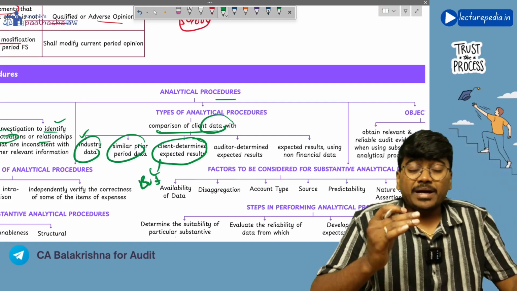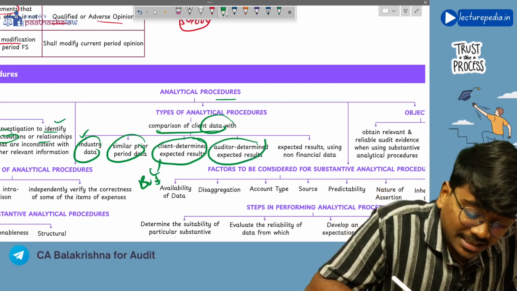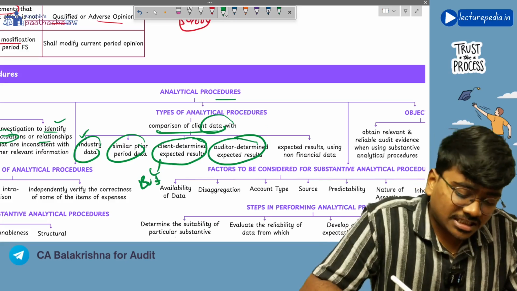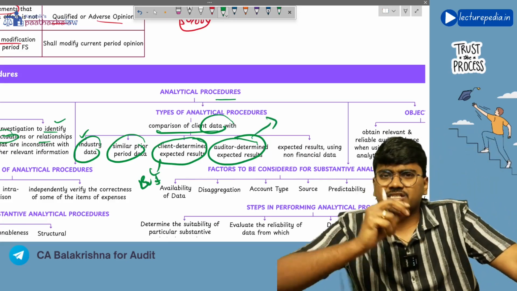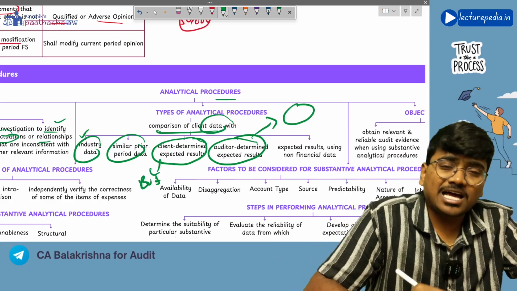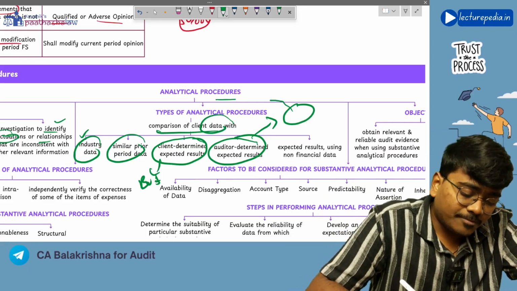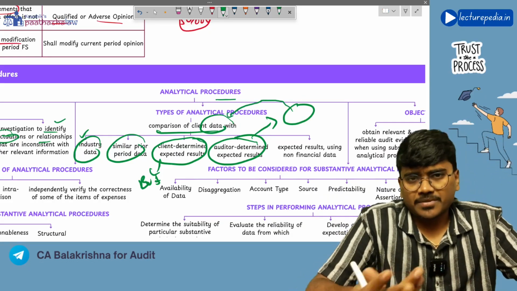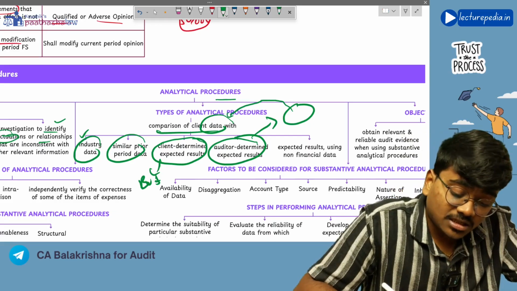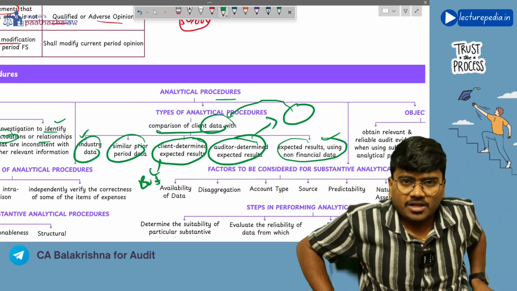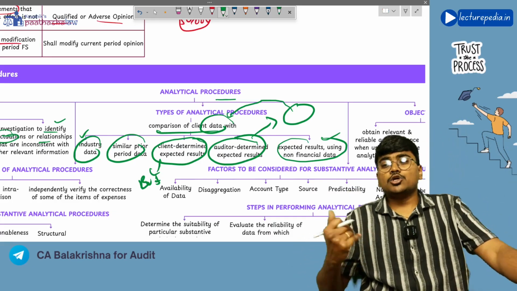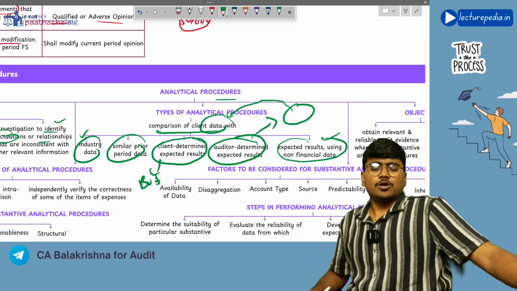Next, comparison of client data with auditor determined expected results. This is nothing but by using the relationship between financial and non-financial, you are expecting an amount and comparing it with the client data, which is also analytical procedure. Next, expected results using non-financial data. So in all these manners, you can perform analytical procedures.